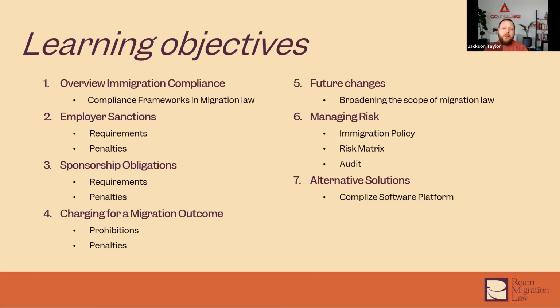We'll talk about some future changes that were actually flagged about this time last year, and how they may affect businesses going forward. We'll talk about managing risk at a more general level with regards to immigration matters. And then we'll talk about some of the ways that you can perhaps look at addressing immigration compliance within your own organizations.